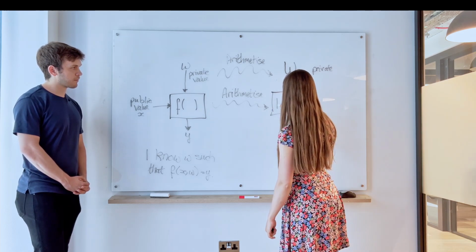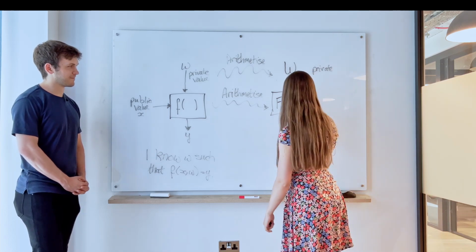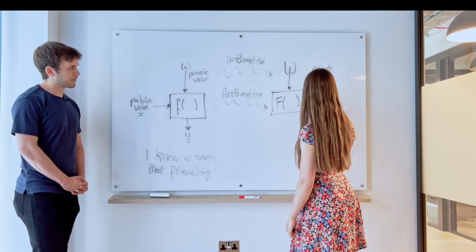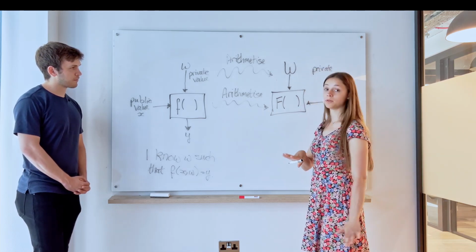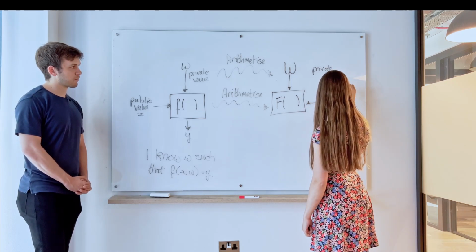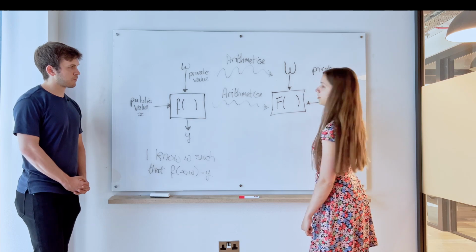And then we're going to have our function, which I'm now going to call big F. It's again going to take in a public value x. The public value is the one thing which doesn't change much, because the verifier knows this.